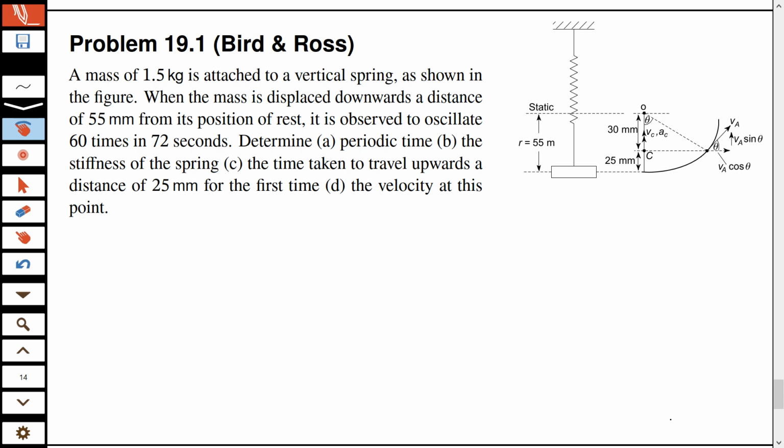So you have a mass of 1.5 kilogram and it is attached to a vertical spring. Okay, so you have mass and it is attached to a vertical spring.